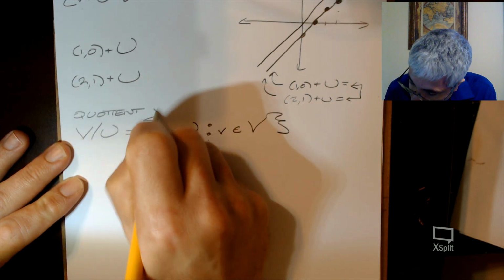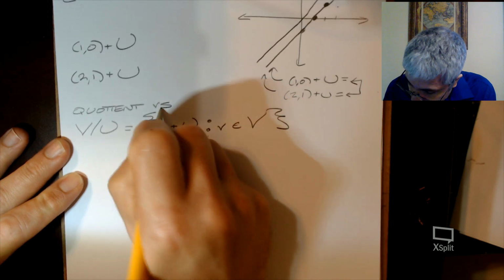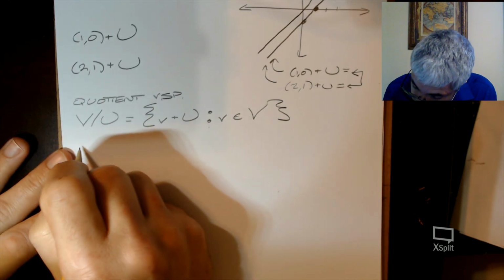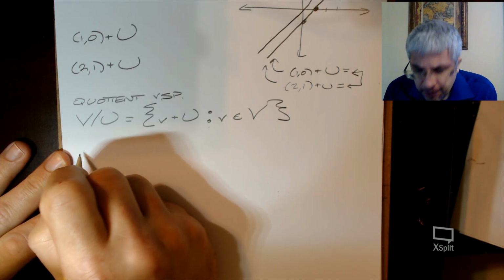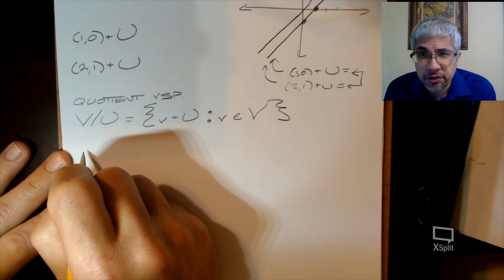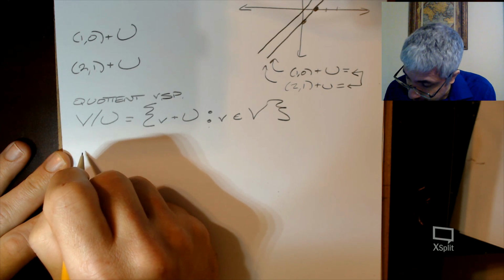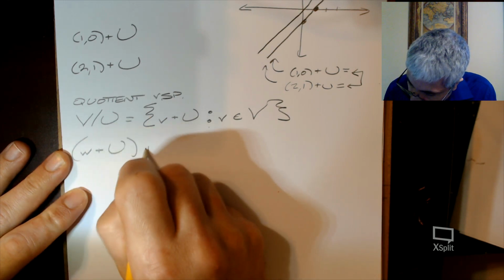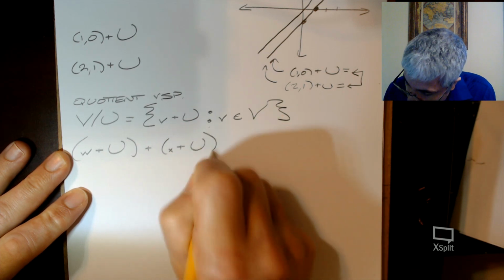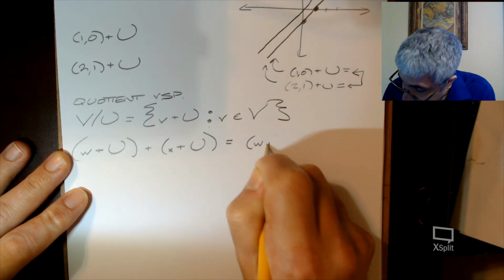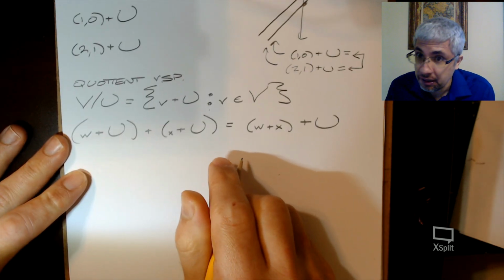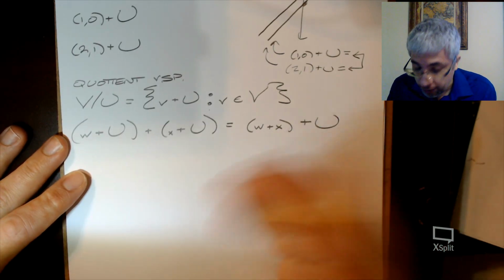So we have a set. And now I'm going to have my two operations. I've got to pick letters. I don't want to pick V and U because we're using them, so let's do w and x. So I'm going to do (w + U) + (x + U) equals, hopefully this will work, (w + x) + U. I haven't shown that this will make any sense, but hopefully this is a simple way I could do it.